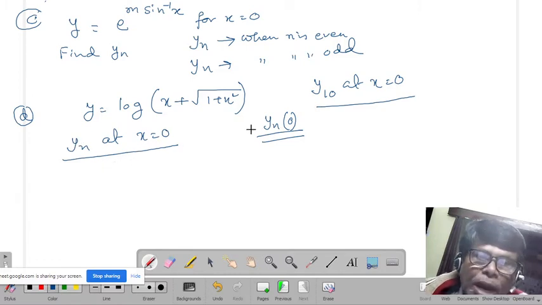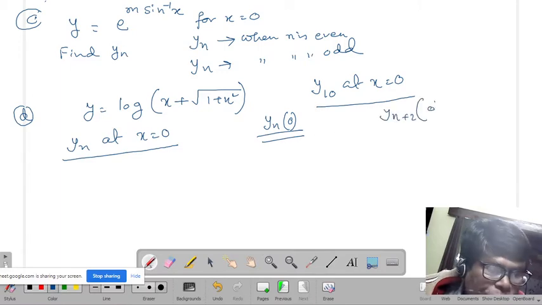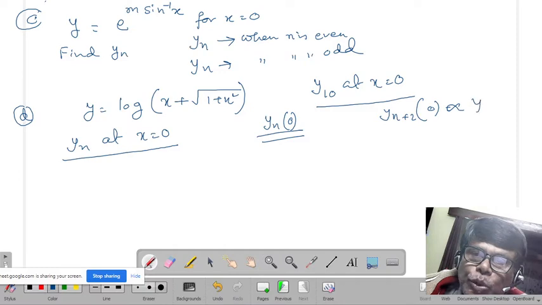But you will get some relation, like this: yn plus 2 at 0 is equal to some relation, proportional to yn at 0. This type of relation you will get.